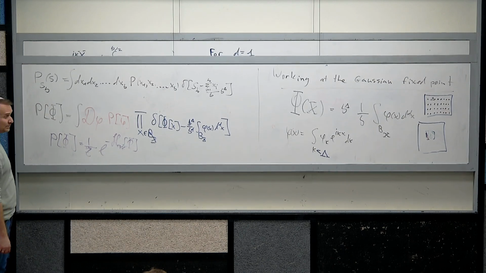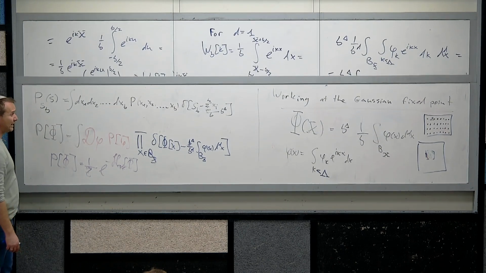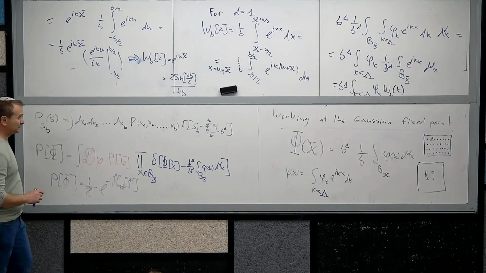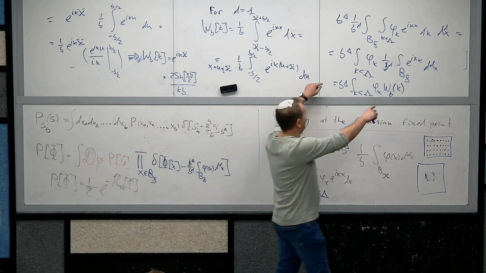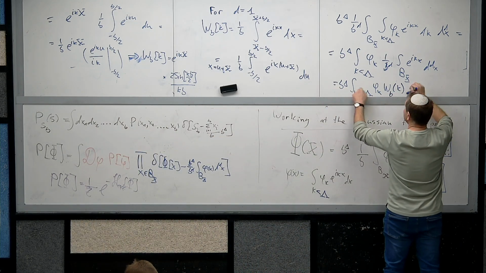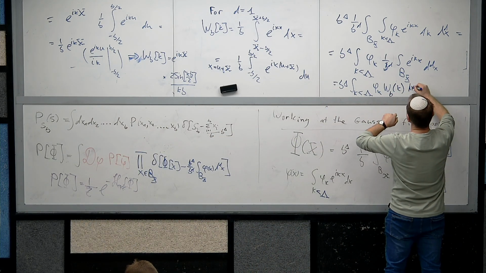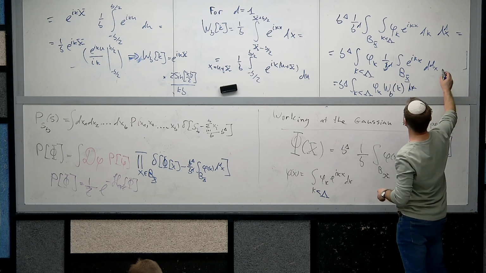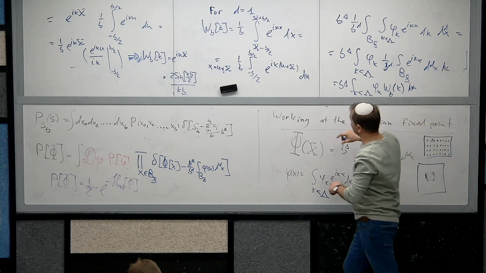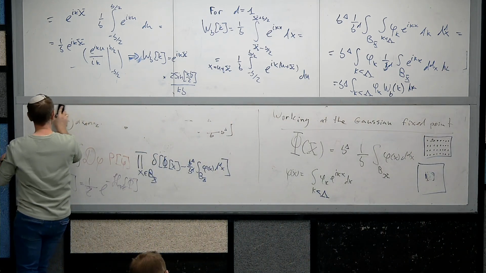So what happened? I applied this in one dimension. I have this guy. I should have dk over here, and dk over here.